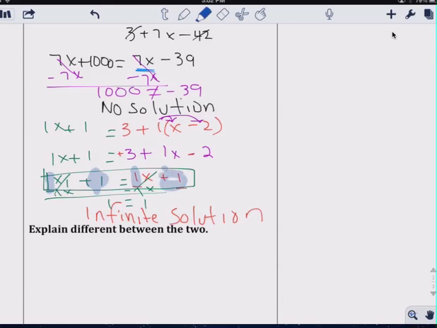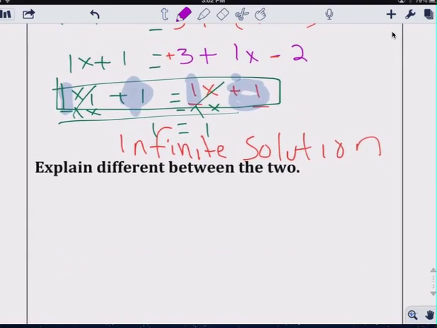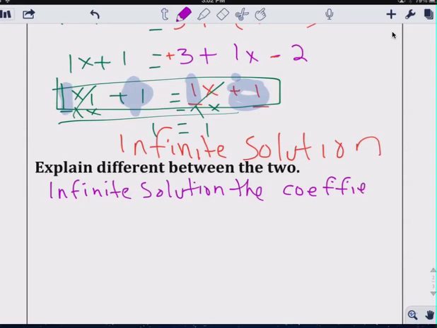You need to write that down. For infinite solution, the coefficient, in this case, what is the coefficient? Of 1.